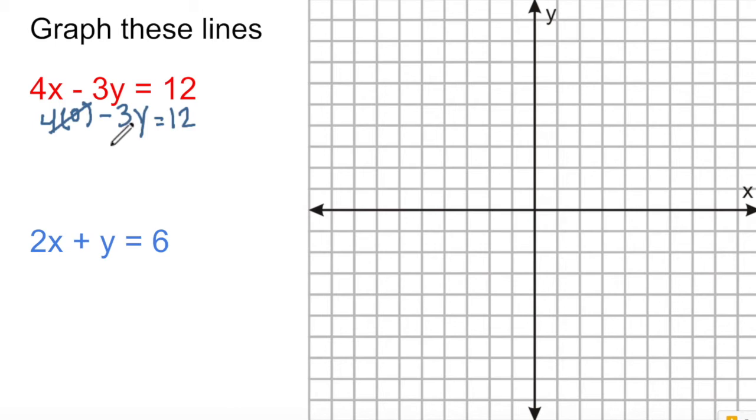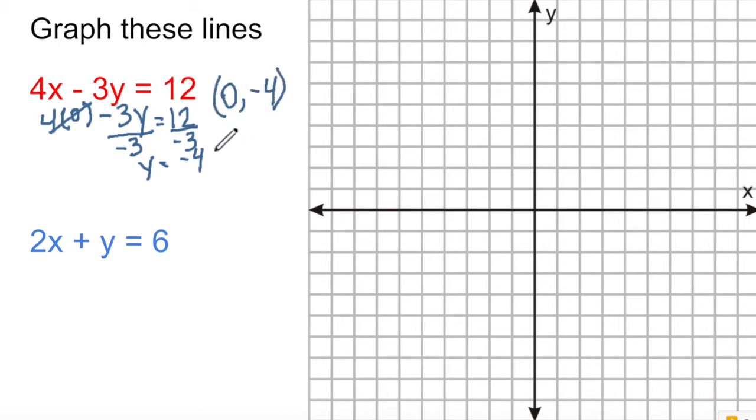Well, we just need to divide both sides by negative 3. And here we get y equals negative 4. So in other words, we put in a 0 for x. So 0, comma, negative 4 is 1 point on the line.